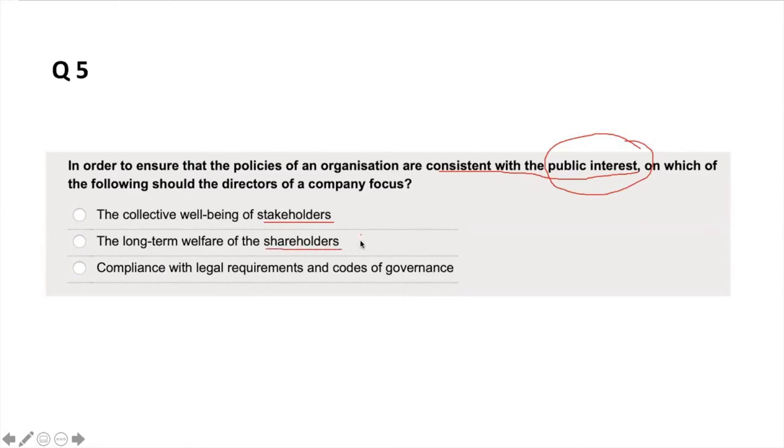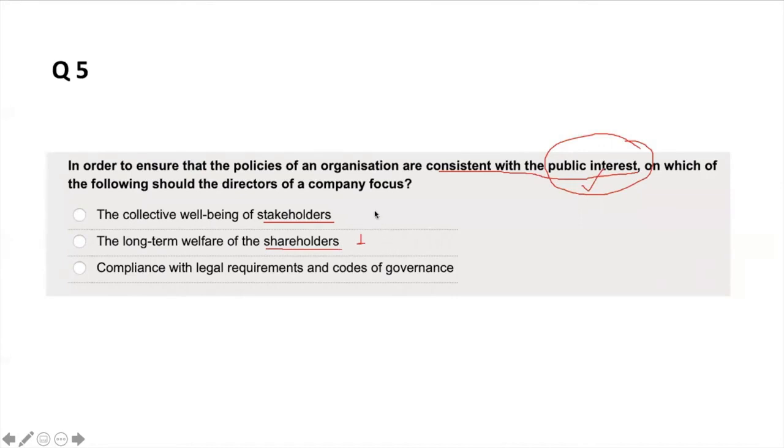Shareholders is actually one stakeholder. It's not everyone, and that doesn't mean public interest. That's only the shareholder. So this is definitely not the correct answer. Always remember that shareholder is one stakeholder.